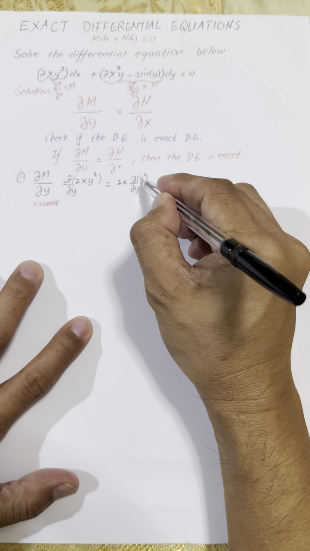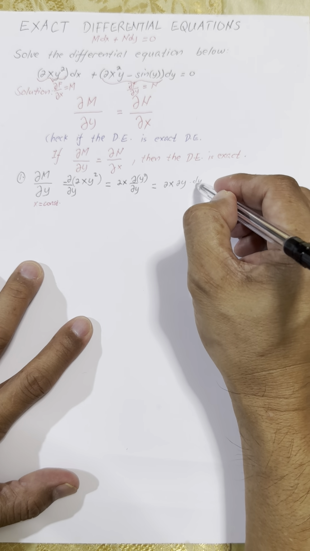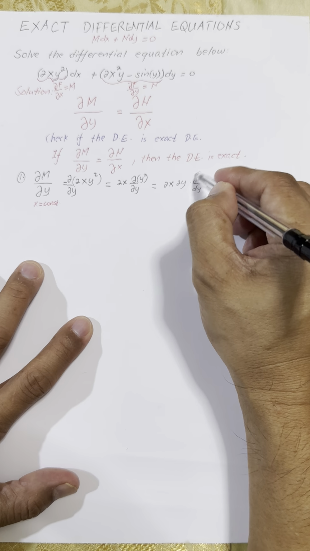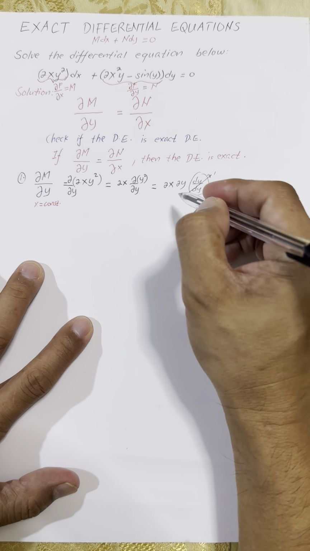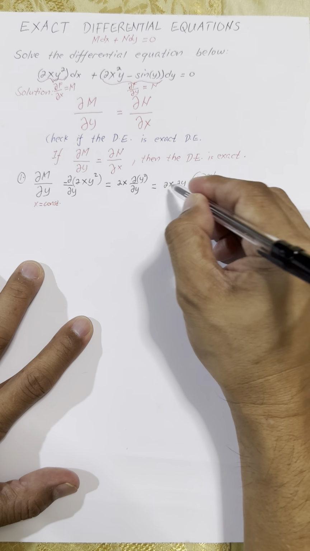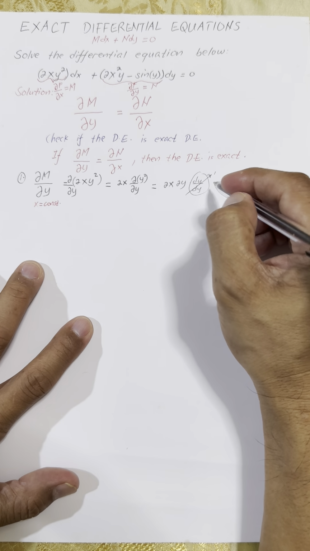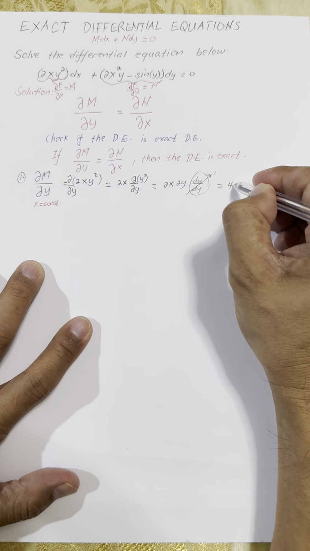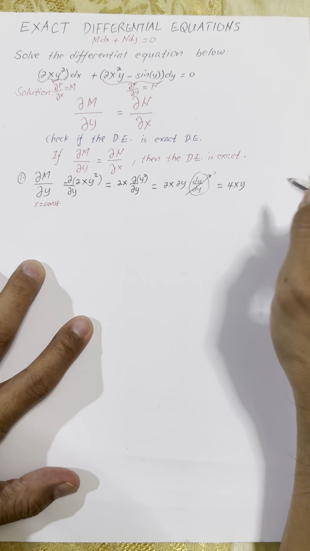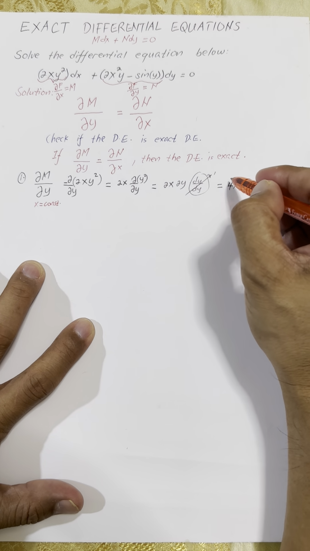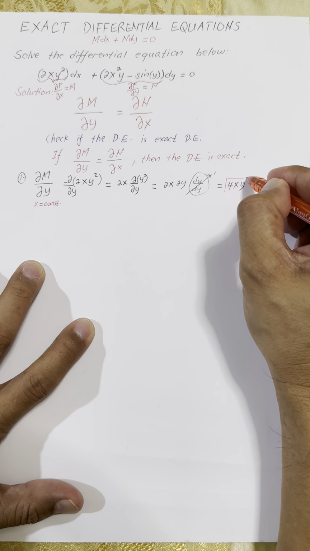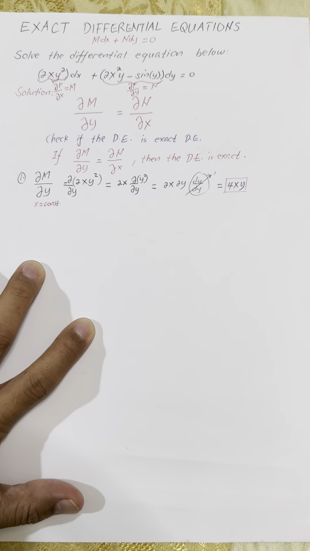Times the derivative of u, where u here is y, so the derivative of y with respect to y is equal to 1. Therefore, this is equal to 2x times 2y, which is 4xy. Okay, so this is our partial derivative of M with respect to y.